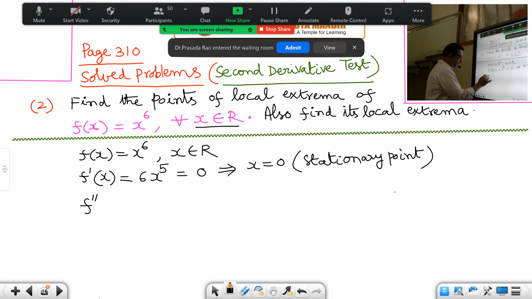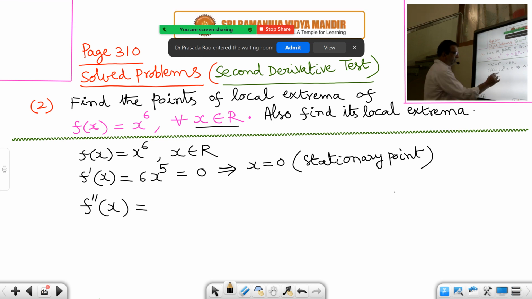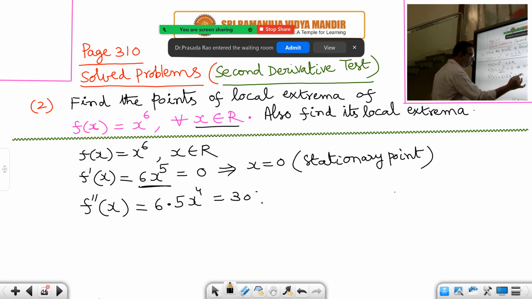What is the second derivative? Tanmayi, please tell the second derivative for 6x power 5. 30x power 4, sir. Yes, correct. 6 into, for x power 5 it is 5x power 4, that is 30x power 4. This second derivative, we have to find the value at the stationary point, at x equal to 0.